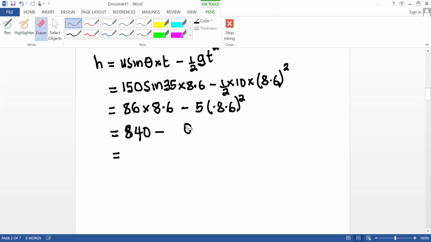So give me the product of 5 and 8.6 squared. What is 8.6 squared? This is 73.96, isn't it? So 5 times 8.6 squared is 369.8.